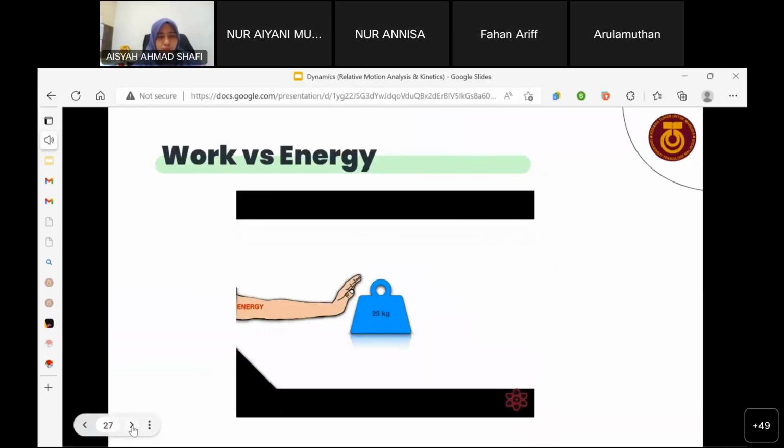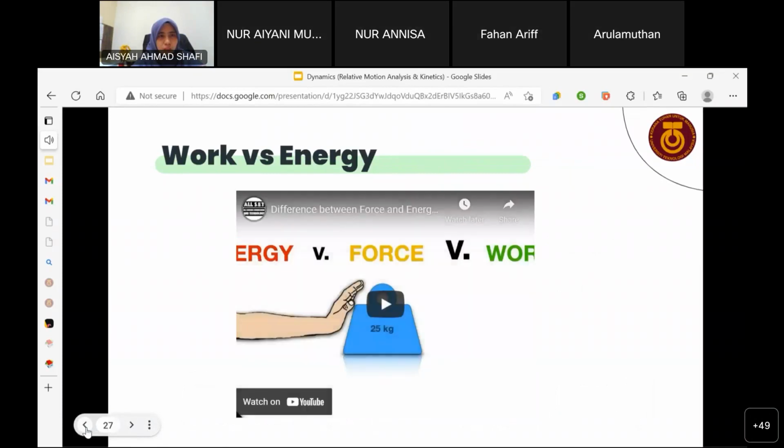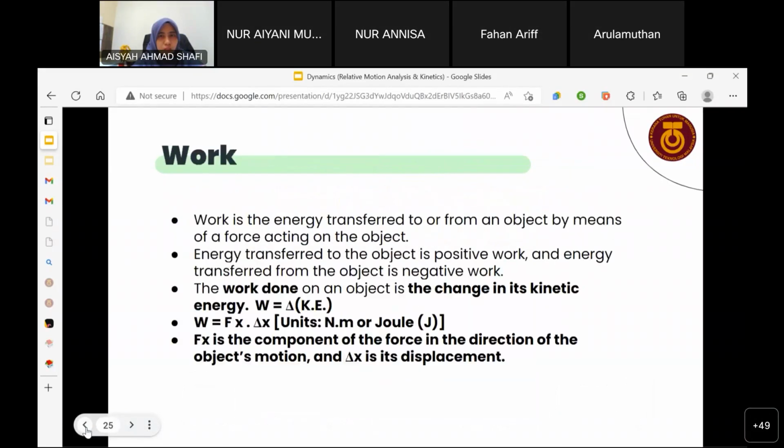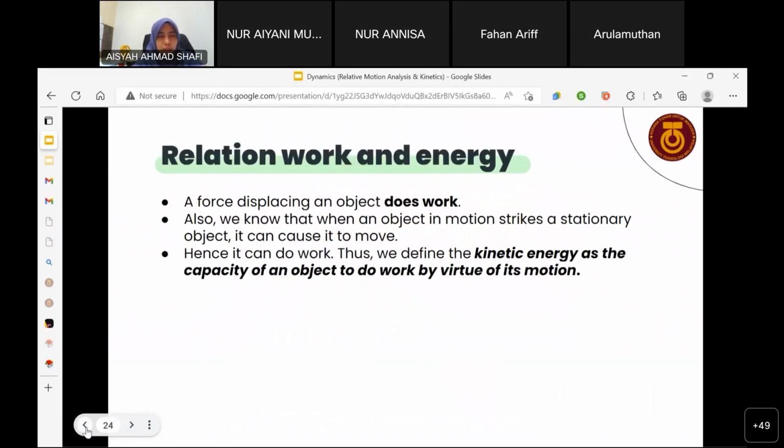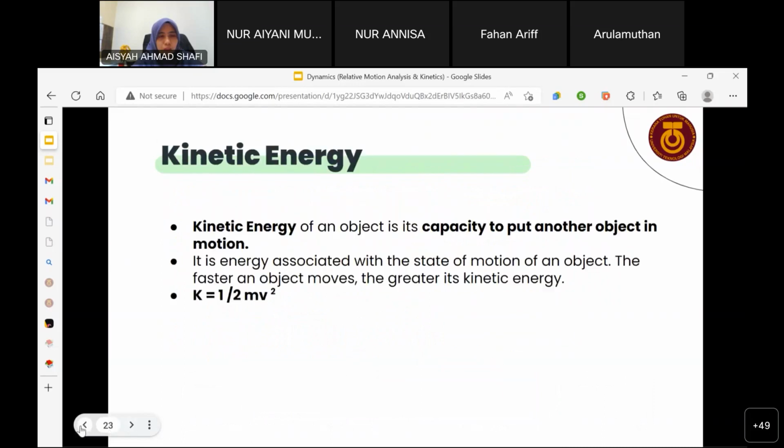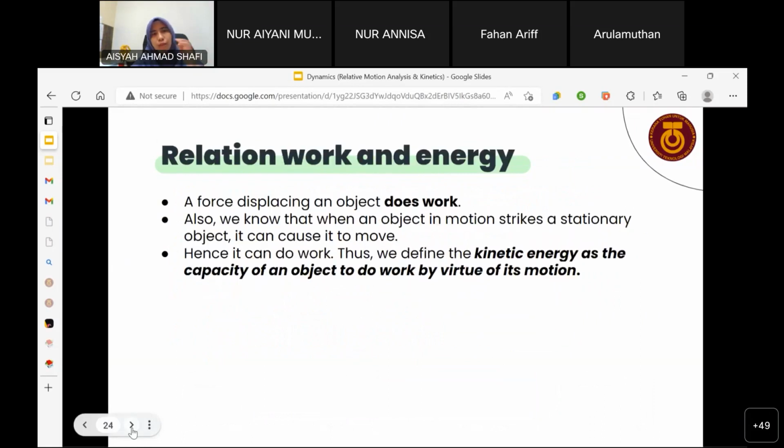Energy. Okay, this is kinetic energy, and we have the gravitational energy and elastic.